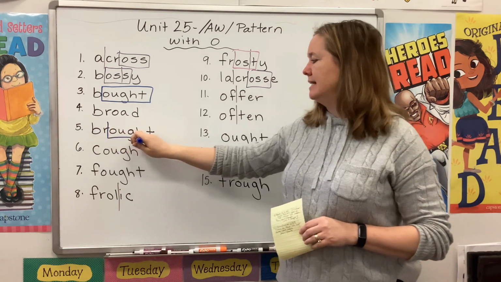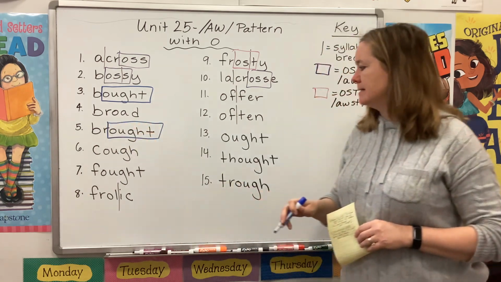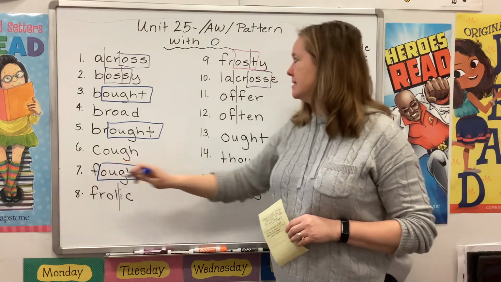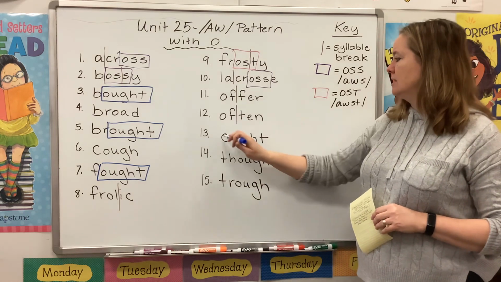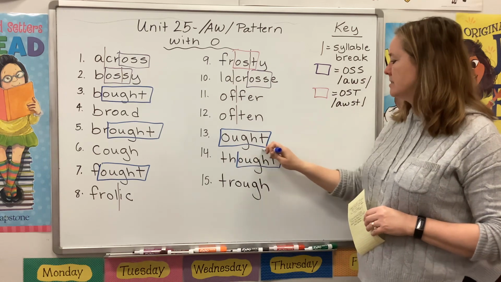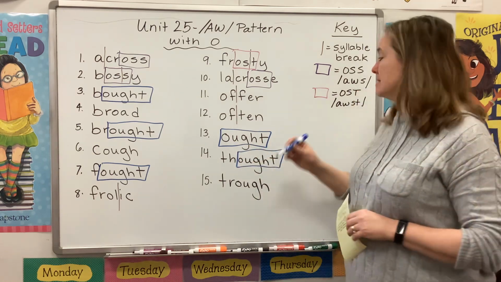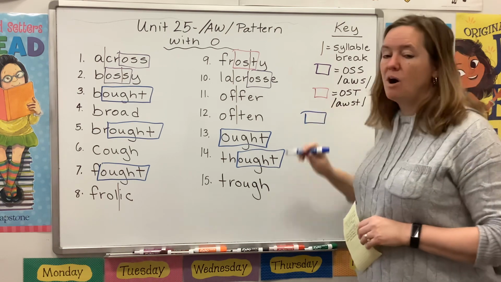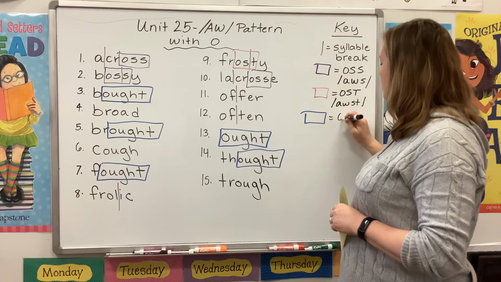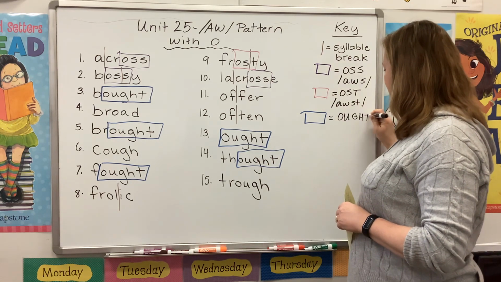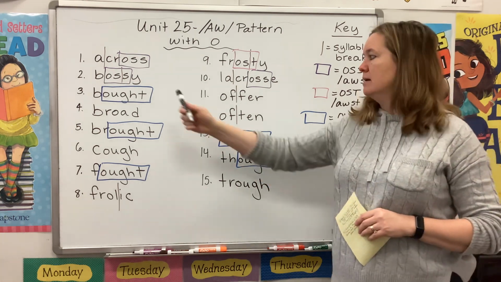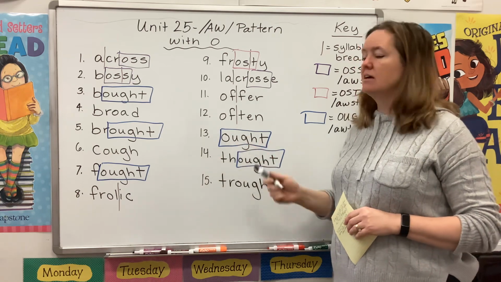We see it again in brought, fought, ought, and thought. So that's a really good chunk to memorize because I know that OUGH has lots of different sounds, but when it is followed by a T, it's going to make an ought sound. Bought, brought, fought, ought, thought.